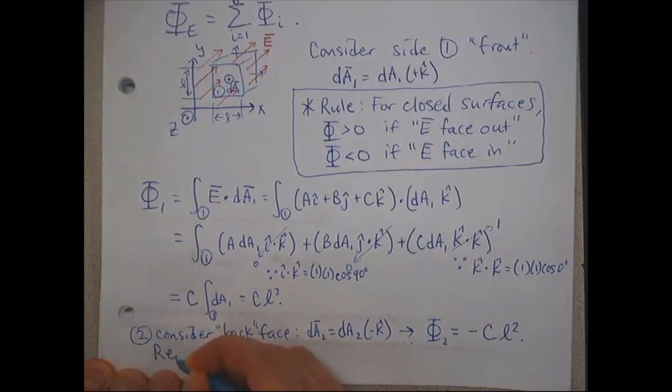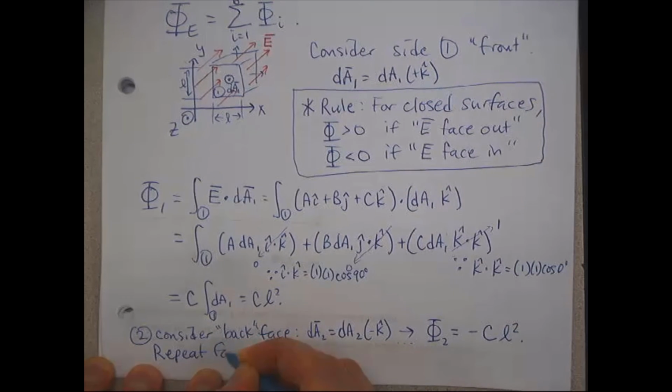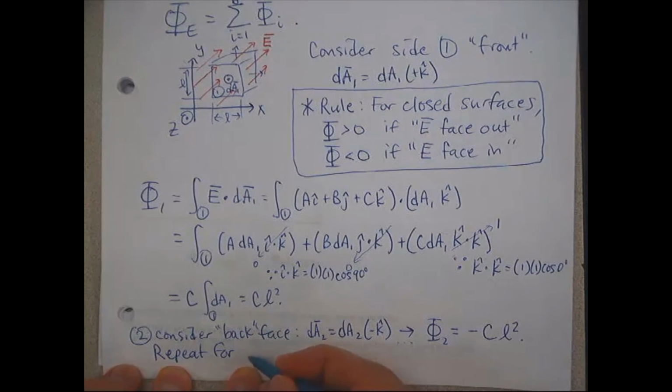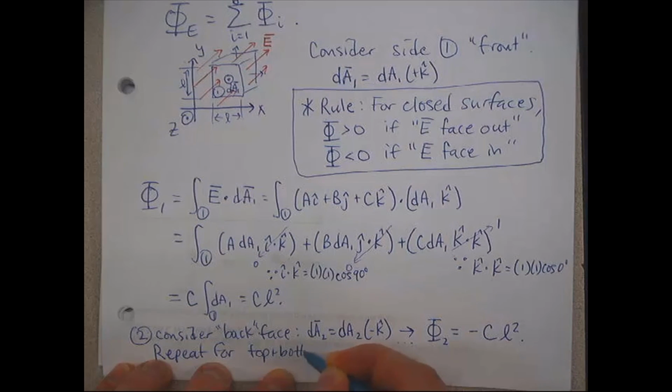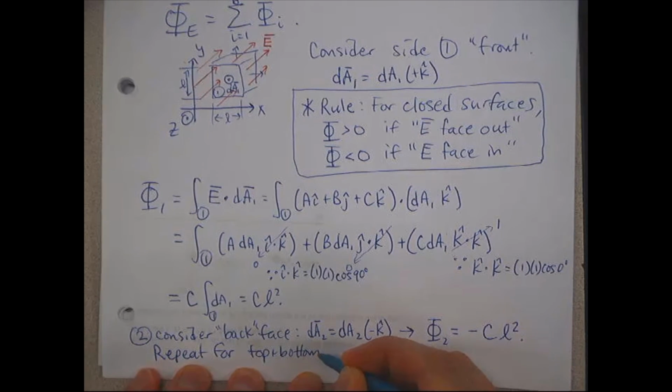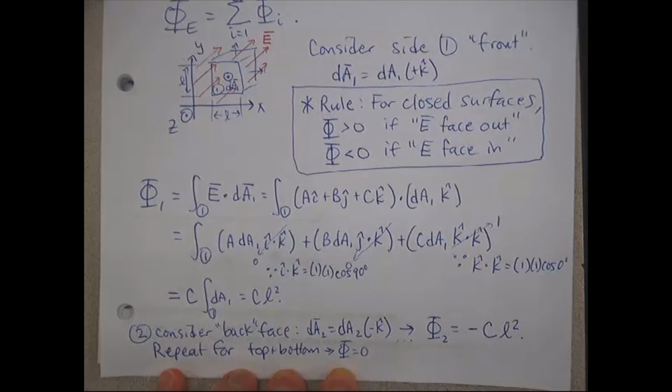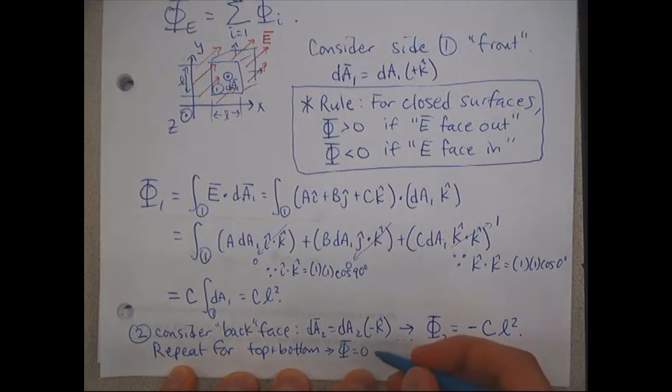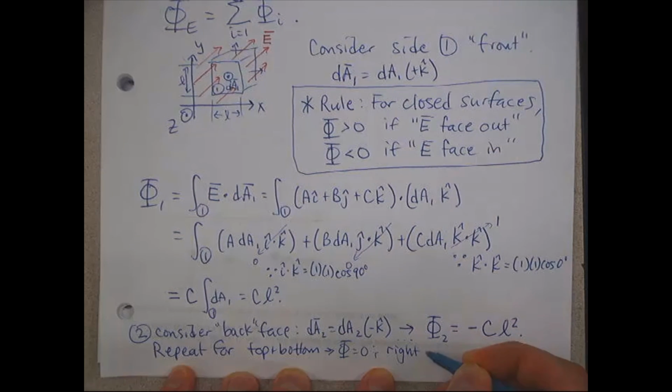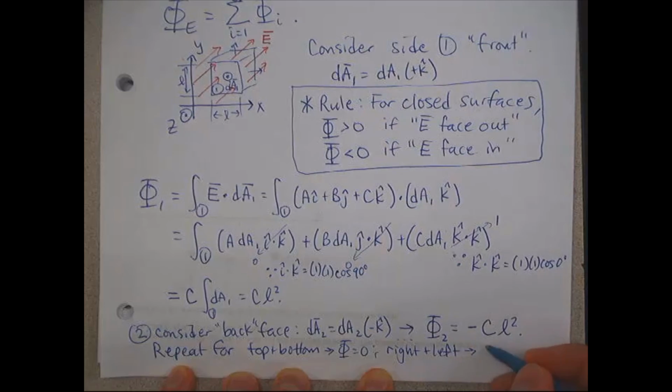So we would repeat here, and I'll leave that as an exercise for you. Repeat for the top and bottom together. You might guess that the net flux there will be 0. You repeat for the right and left surfaces.